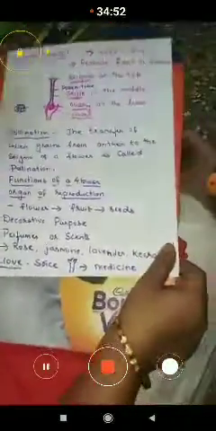Okay, so now here I'll just show you the last one. Yes, here just slowly you wide open, you can observe the ovary, children. Here you can observe the ovary.